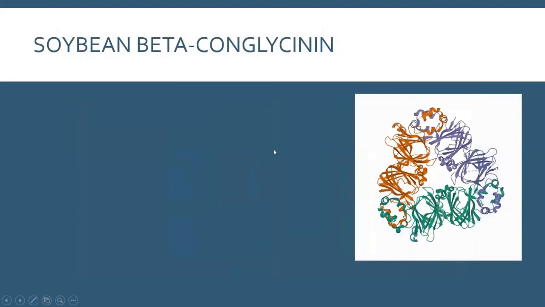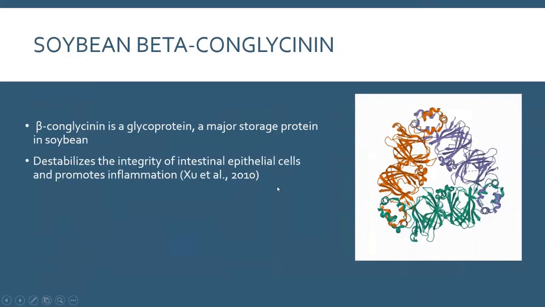On beta-conglycinin, soybean contains high levels of this protein. It is a major storage protein in soybean, and its major effect is on the stabilization of integrity of epithelial cells, and it promotes inflammation. As we know, beta-conglycinin, particularly in piglets, causes allergic reactions.